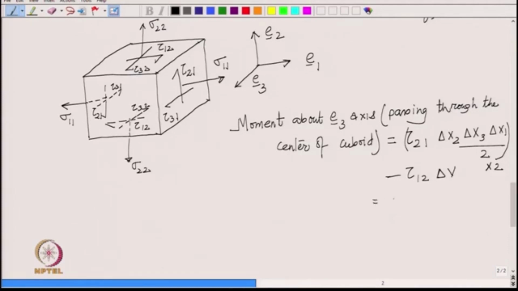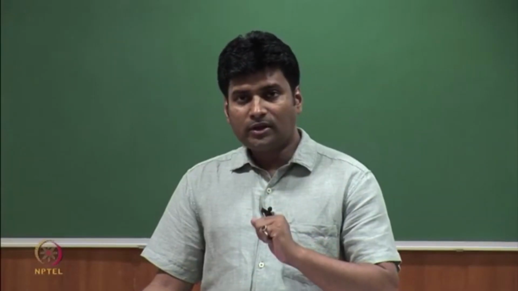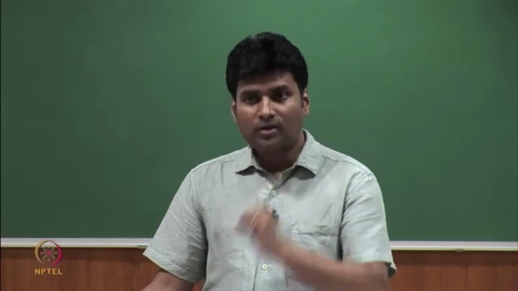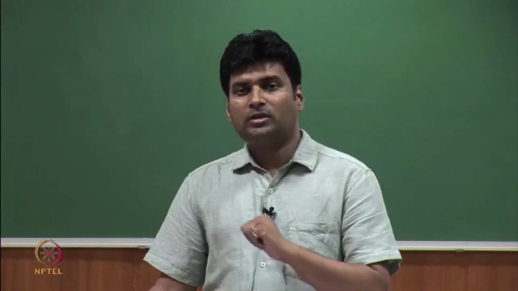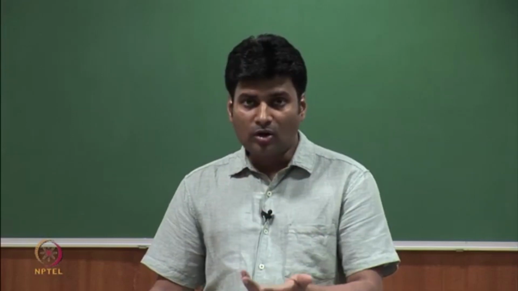And so, finally, this is simply tau 2 1 minus tau 1 2 into delta V, right. So, that is the moment. Then you find the moment due to body force about E 3 axis, that will be of the smaller order, and then the rate of change of angular momentum about E 3 axis, that is also going to be of smaller order.